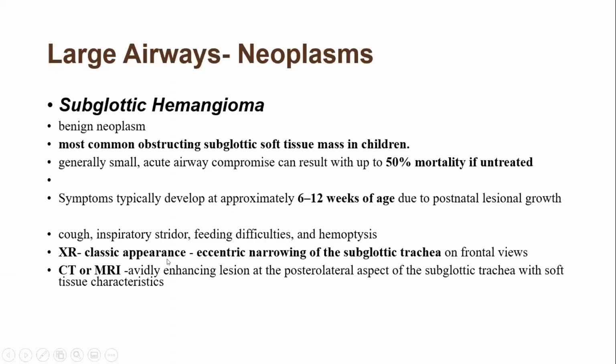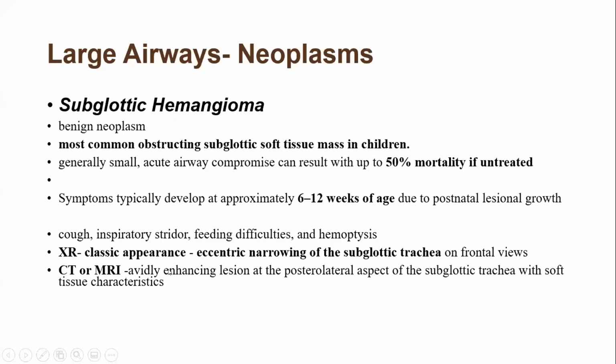X-ray usually has a classic appearance because the subglottic trachea will be compressed from the side. As opposed to infections like flu, where you can see circumferential narrowing of the trachea, when you have a mass like a subglottic hemangioma, you will see the trachea getting compressed from a side.